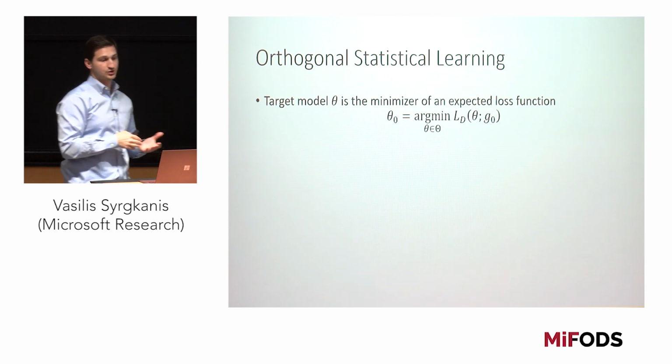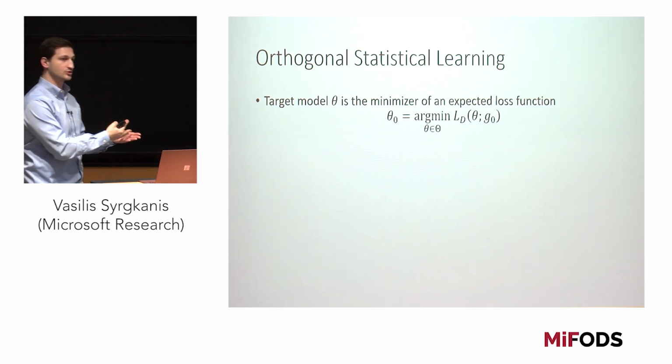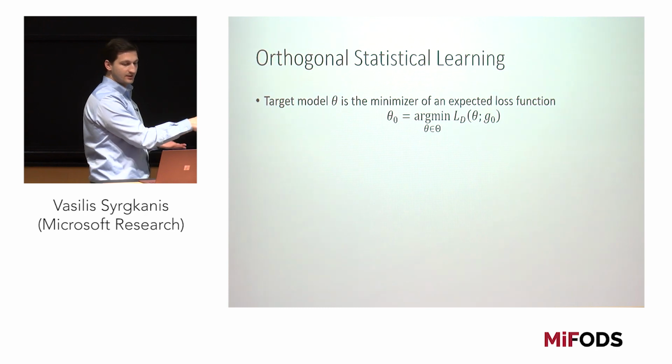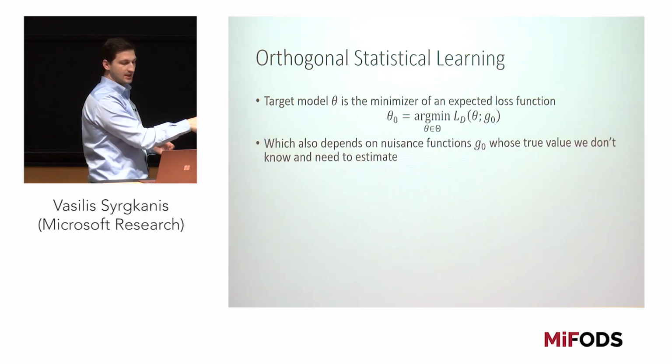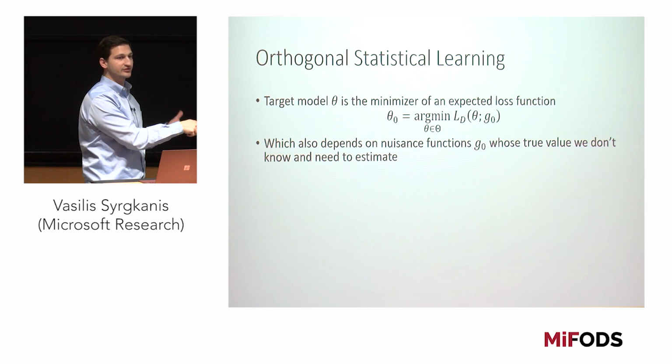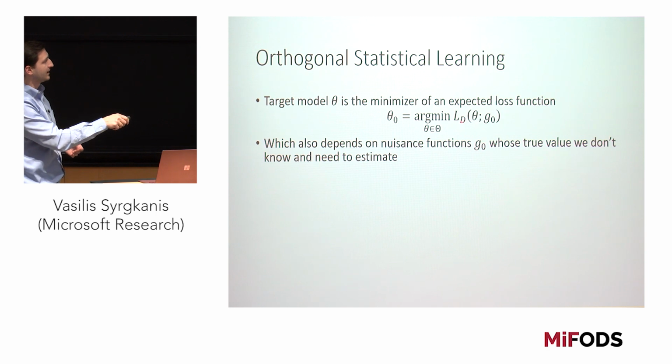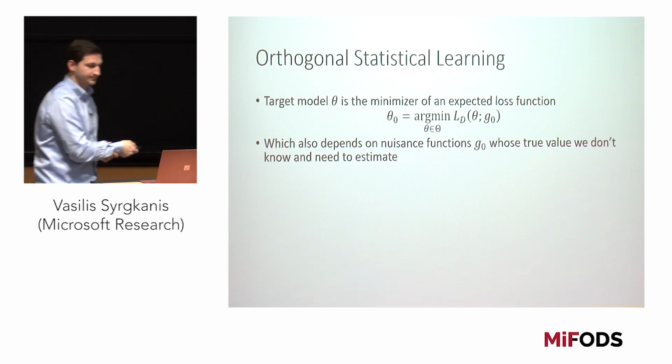But this loss function, crucially, apart from the model theta that you're trying to estimate, also depends on other models that you don't really know about, and which you also need to estimate from the data. Okay, so these are the nuisance models, and this is the target model that you're interested in.